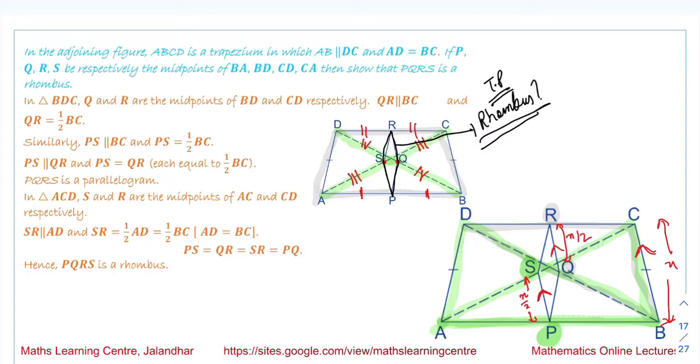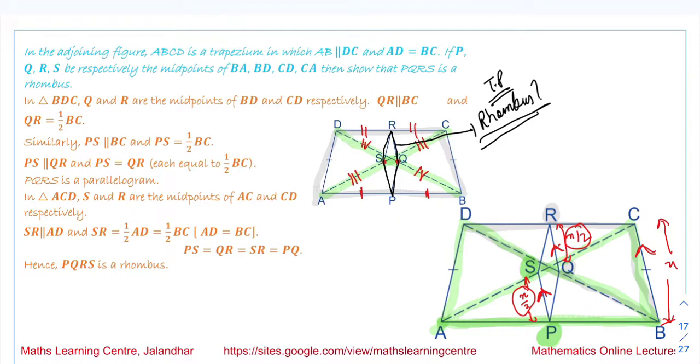So these opposite sides over here are equal, x by 2, and these two sides are parallel to each other. It means this PQRS is a parallelogram. So the only thing that we are left to prove is that the other sides are also equal in length.